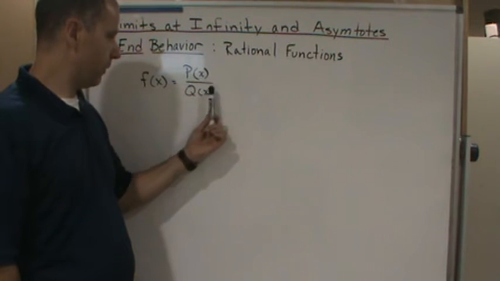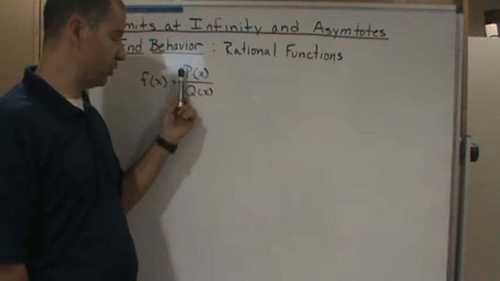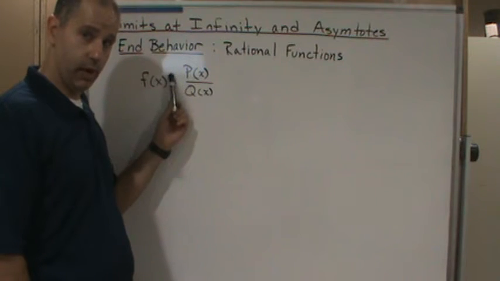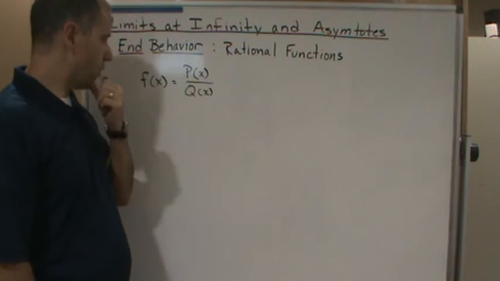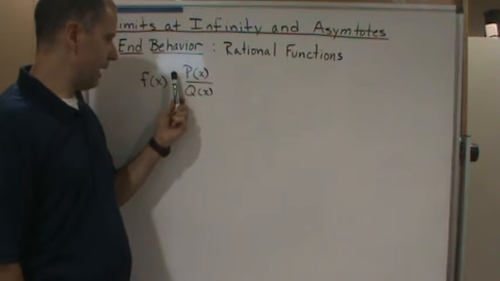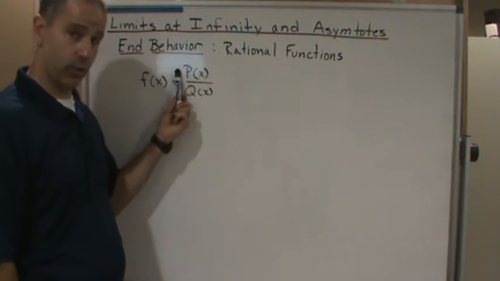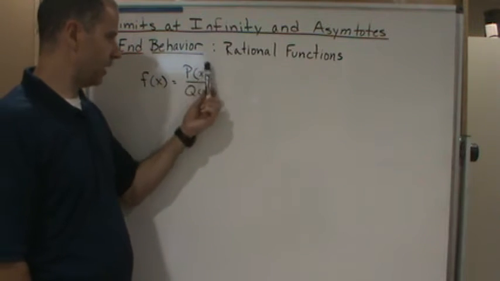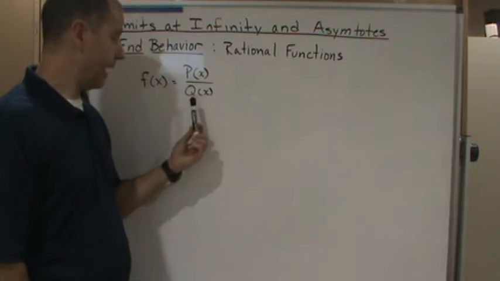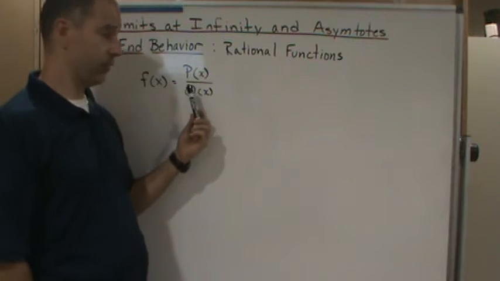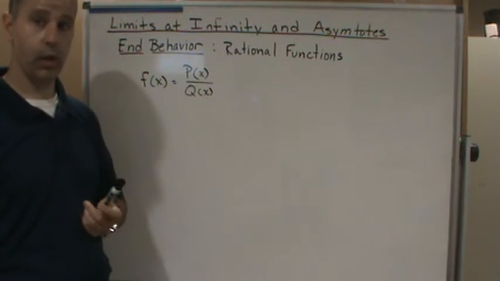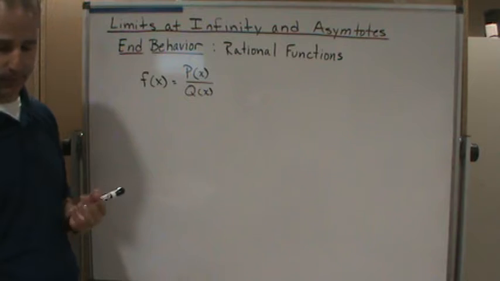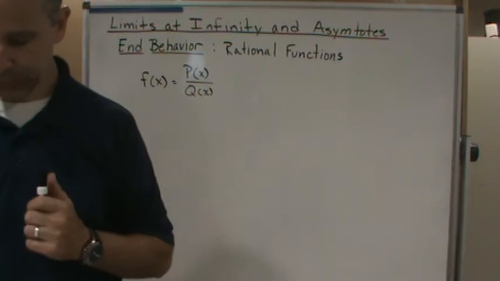The limits, remember again, these are continuous functions, so you can use the quotient rule. And so the limit of the top versus the limit of the bottom. Well, the degree of the top is bigger than the degree of the bottom, so this is going to go to infinity faster than this one. And so this whole thing will go to positive or negative infinity, depending.